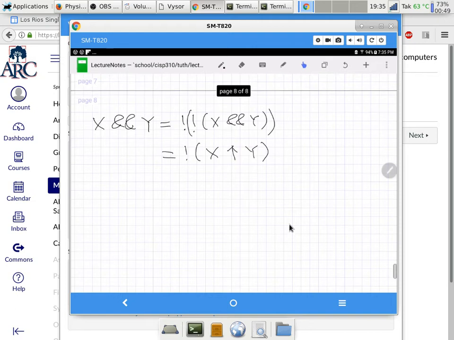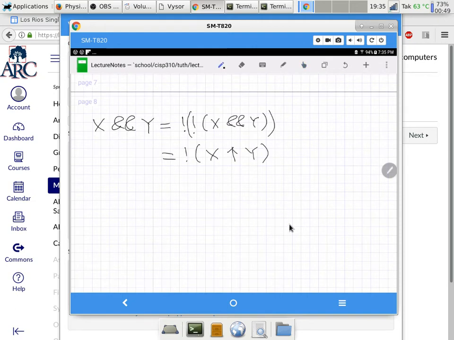So using the trick from the previous slide, this becomes X NAND Y, NAND itself. And therefore, we are now boiling down a simple conjunction into just NAND.